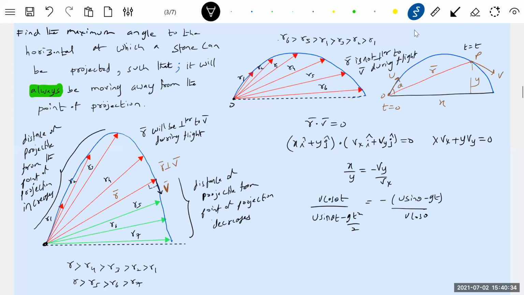Let's simplify this. u square cos square theta t.